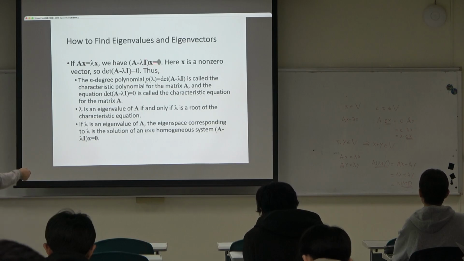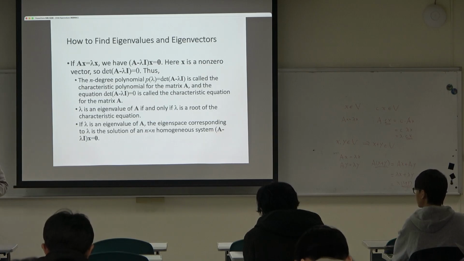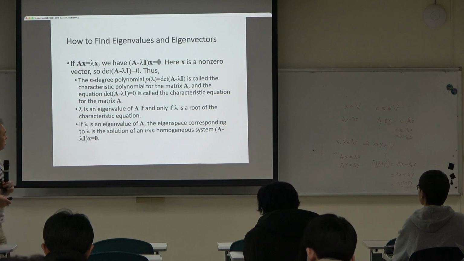Because we know x is a non-zero vector, the determinant of A minus lambda times the identity matrix must be 0. Or put it another way, it must be singular. Otherwise, we have no non-zero solution.